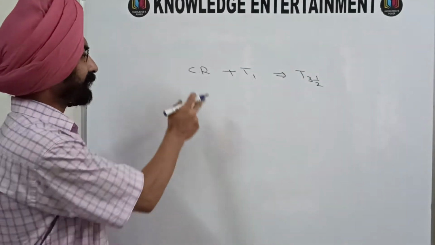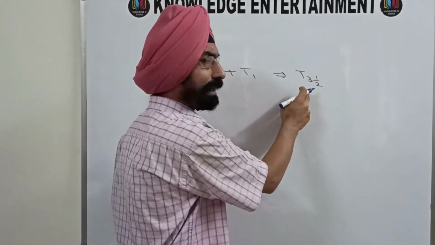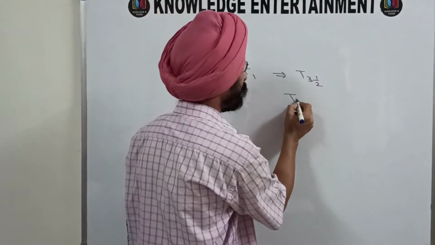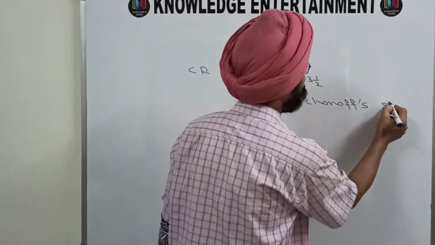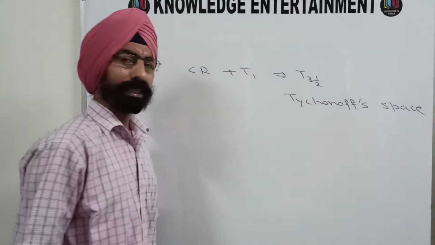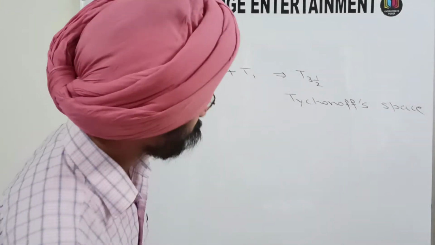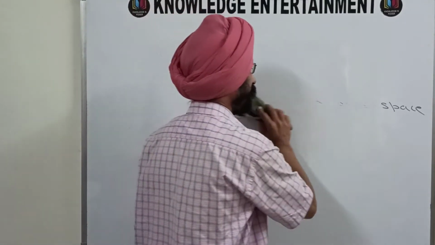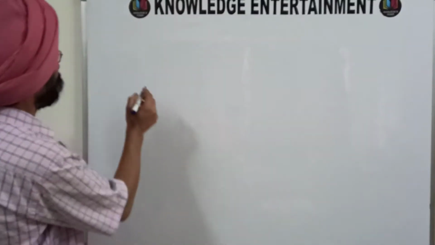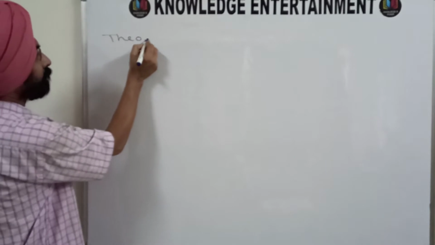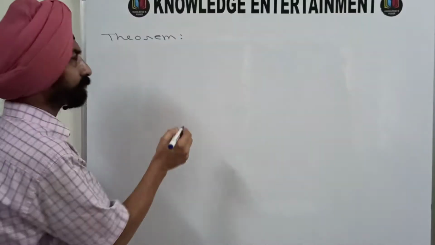If a topological space is completely regular as well as T1, then it will be a T3 and a half space, also known as a Tikhonov space. So a Tikhonov space is a completely regular space as well as a T1 space. Now we'll move on to some important theorems. First I'm going to write the statement of the theorem, and then we will prove it in a very easy way.